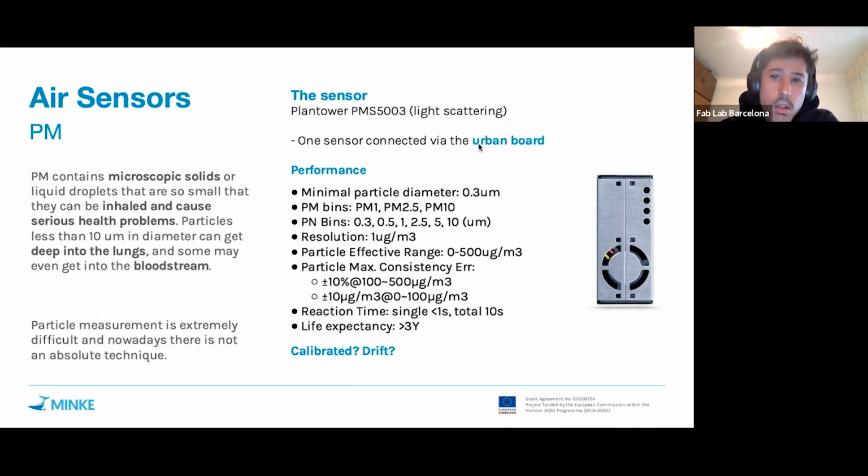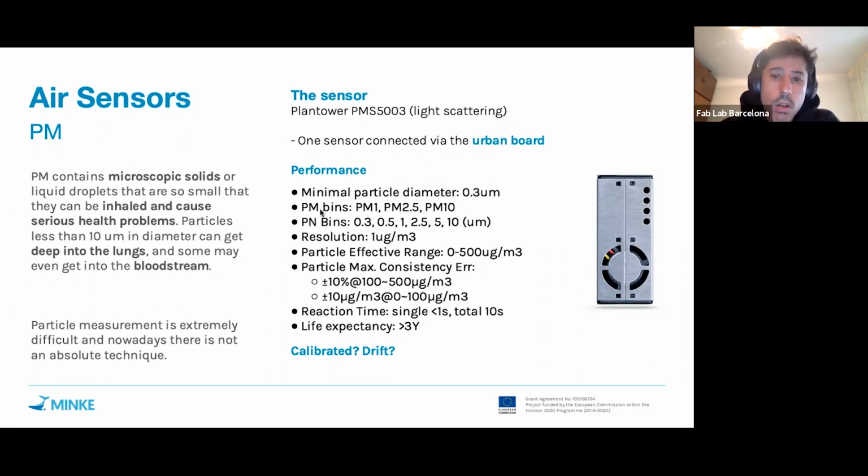We have one sensor connected to the Urban Board, and it is of course this silver box with a fan and a laser inside, that has these performance characteristics and that can provide different sizes. So it can measure PM1, PM2.5, and PM10.